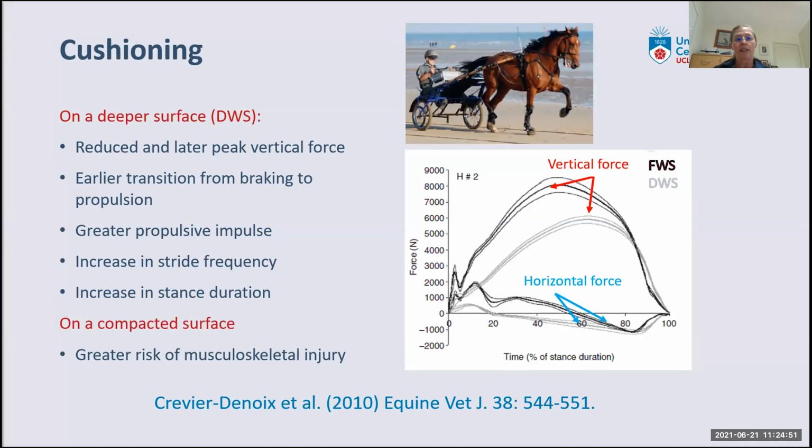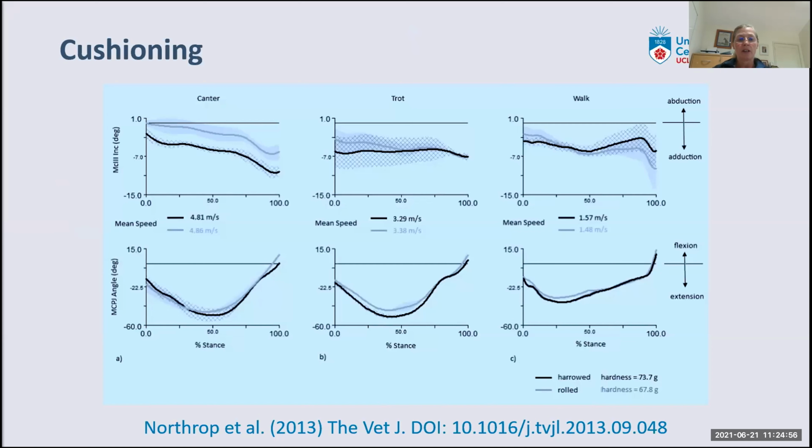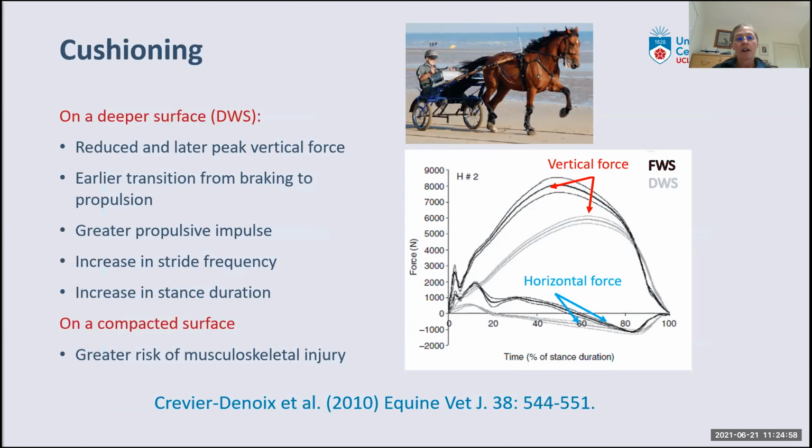So above the zero line are the braking forces for the deep wet sand, and you can see that's a much earlier transition into the negative forces, so the propulsive forces here. So there's a greater propulsive impulse, and the horse has to produce more effort to continue going forwards and maintain the same speed.